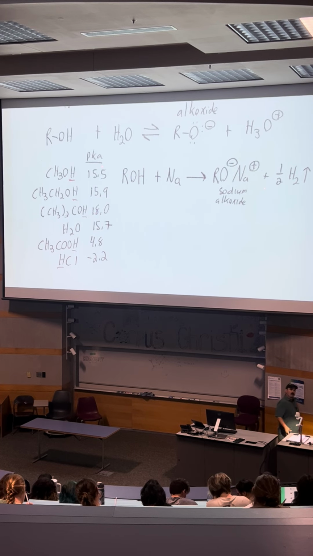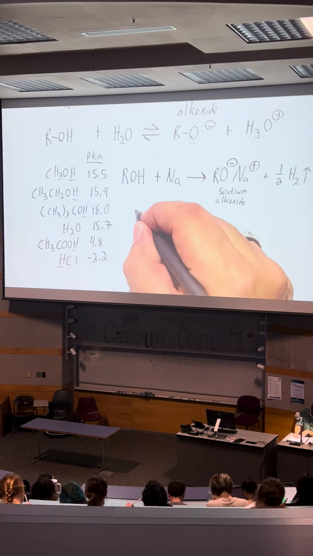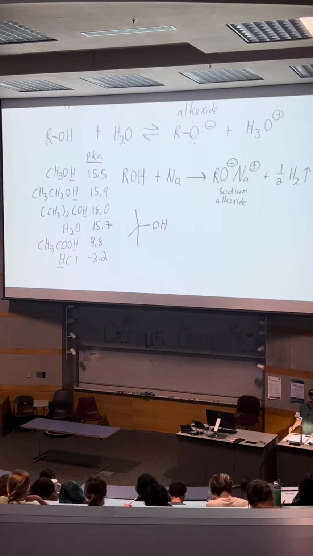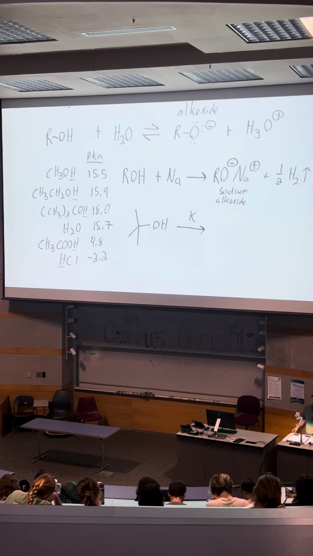And also as a really strong nucleophile. We can use sodium alkoxide, for example, to generate esters. We can use sodium alkoxide to generate ethers. A really common reagent which is commercially available is made by taking tert-butanol, this is how they make that reagent, and exposing it to elemental potassium.